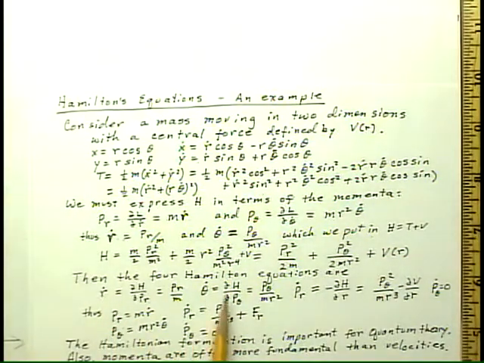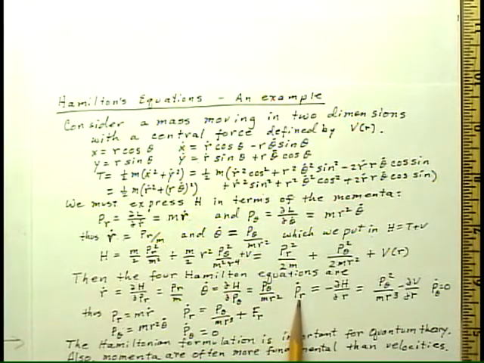We can find theta dot as the partial of H with respect to the momentum in the theta direction. That term only occurs here. Taking that derivative, we get 2, which cancels the 2 in the denominator, p theta over m r squared, and that gives us theta dot. We have two more Hamilton's equations.